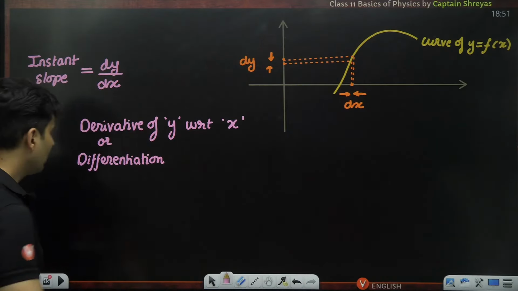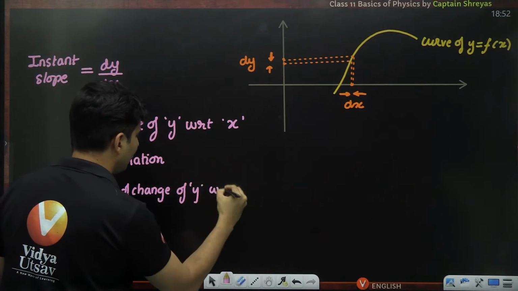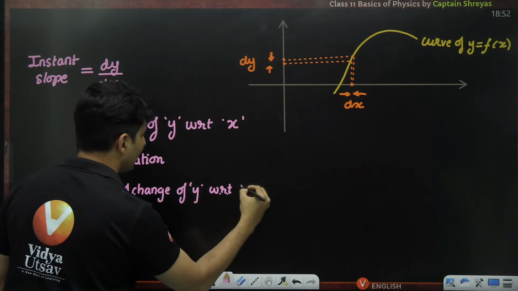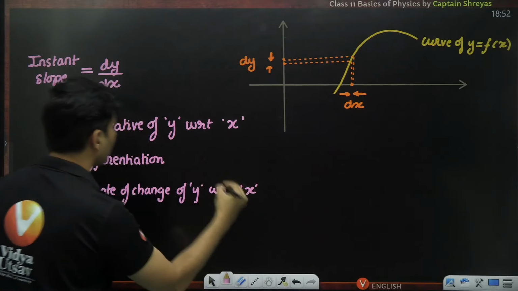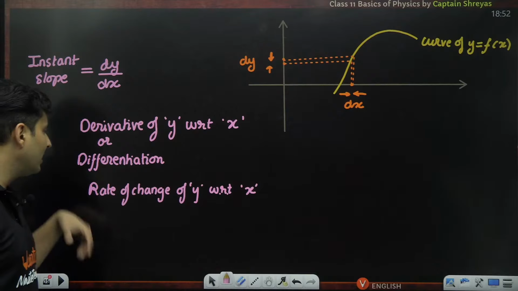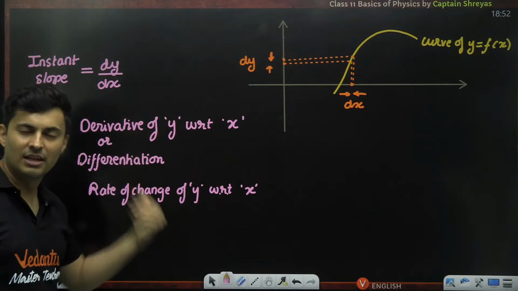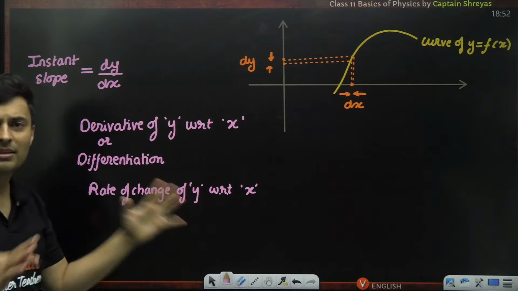You can also call it the rate of change of y with respect to that variable x. How much is y changing with x? Differentiation, derivative, rate of change, instantaneous slope, or just dy by dx. All of them mean the same thing.